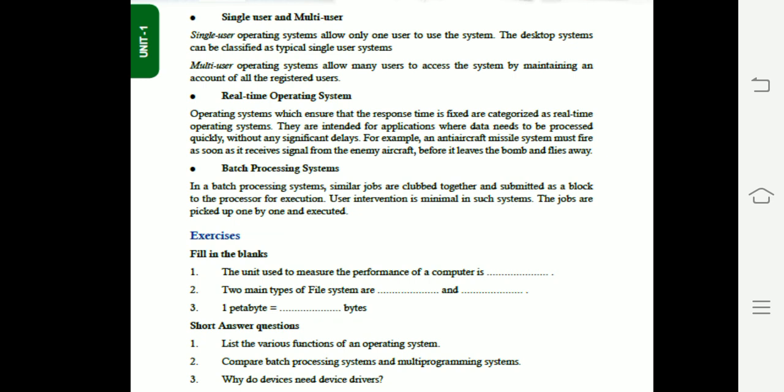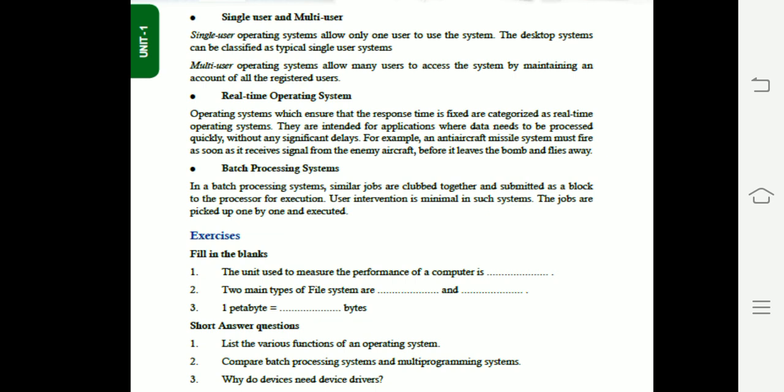Where quick changes and quick responses are required, such operating systems play a key role. For example, an aircraft missile system must fire as soon as it receives the signals from the enemy aircraft. As soon as it gets a signal, it updates and responds back. They are also used in artificial intelligence and automated machines, and an ATM machine is also an example of this type of operating system.